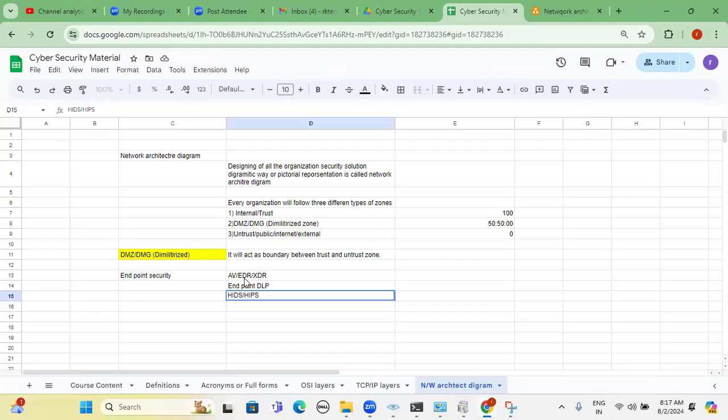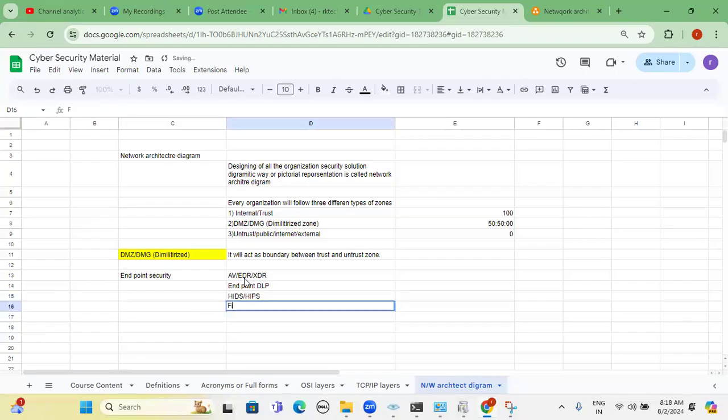Till 2019 or 2020, HIDS and HIPS were a separate solution. But once EDR and XDR came into the market, there is no need to implement separate HIDS, HIPS capability. Whatever EDR or XDR product development they are doing, they have inbuilt capability to identify abnormal, malicious, or suspicious activity on the host side.